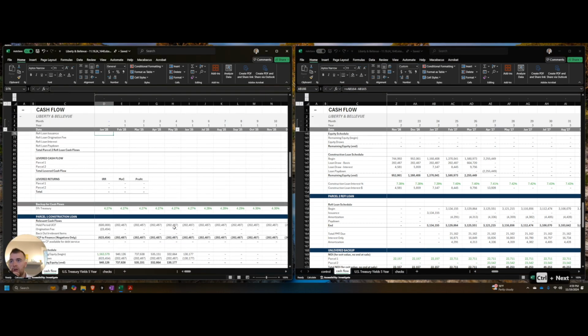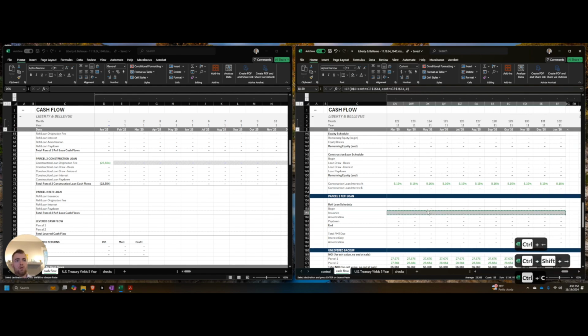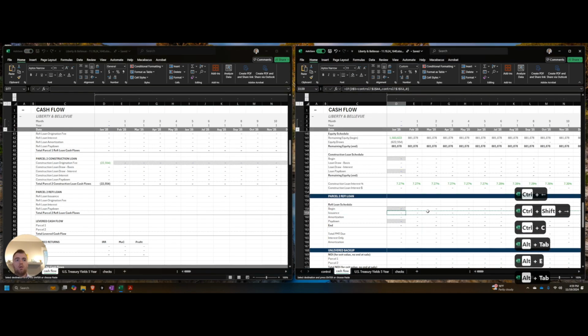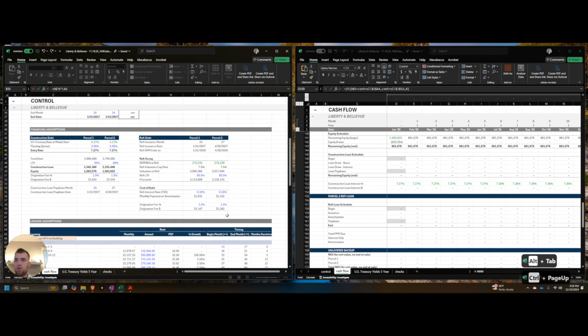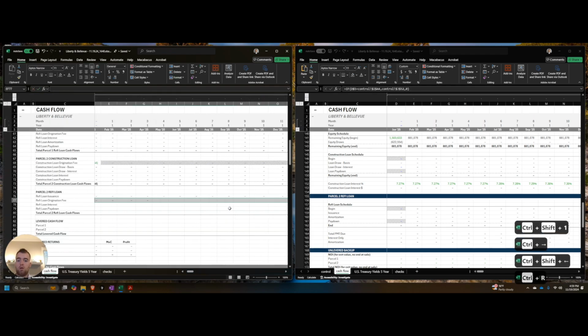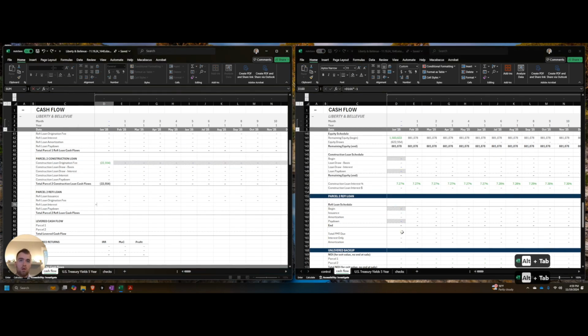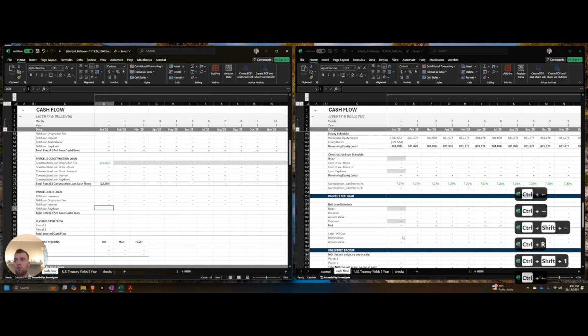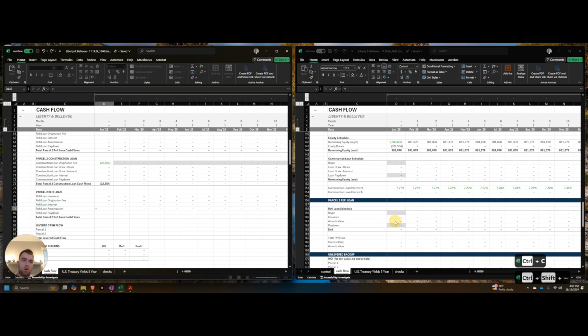Great. So let's go to cash flow. Refi loan issuance. Origination fee should just be that. Interest is going to be that. Amortization is going to be that.